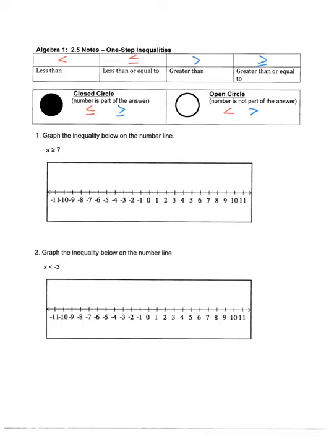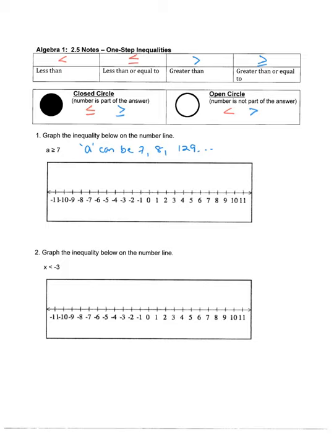Alrighty? Now I'm going to try to match the colors. Let's look at the first one. A is greater than or equal to 7. I'm reading it from left to right, and I'm reading what the symbol means. A is greater than or equal to 7. So A can be, I'll put it in quotes, 7, 8, 129.